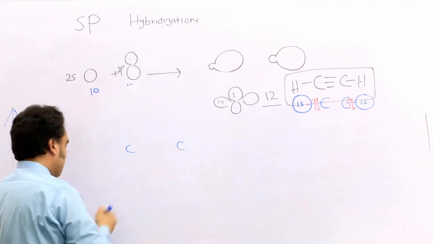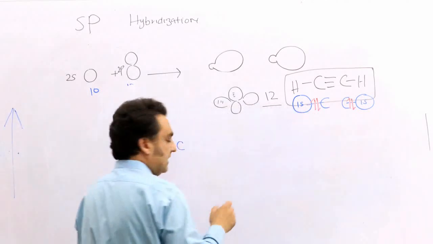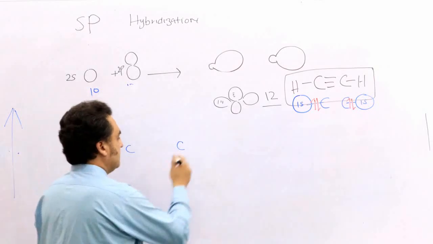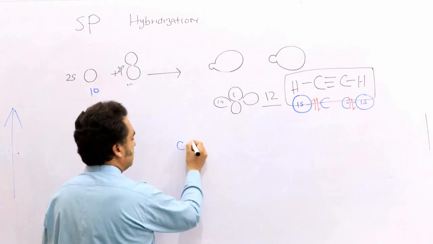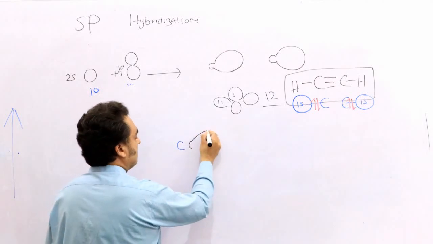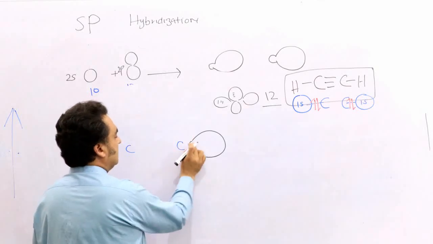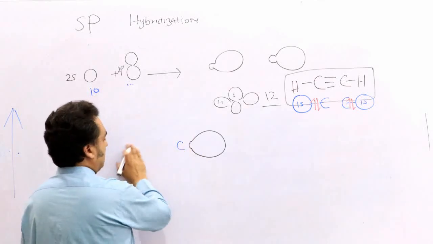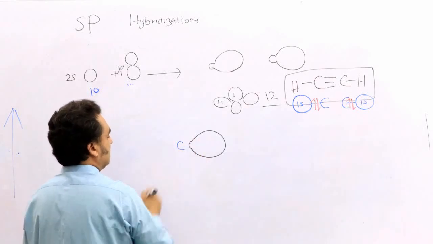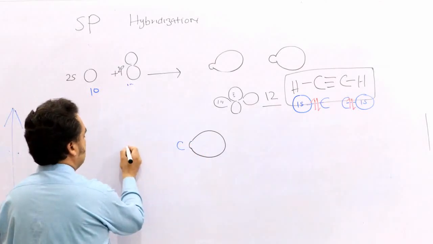Now it has an sp hybridized orbital, which is present on the carbon atom. Okay, I am writing it in a slightly different way, otherwise you will never understand it.